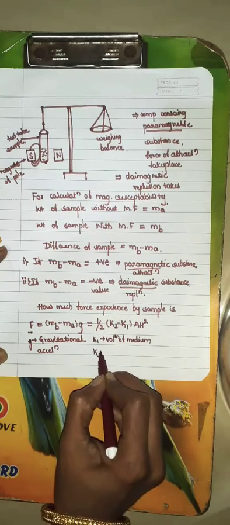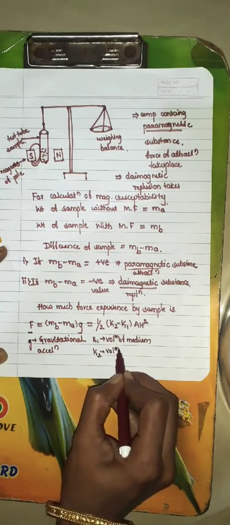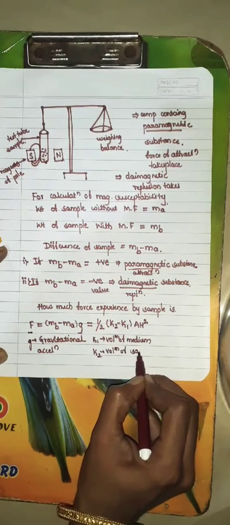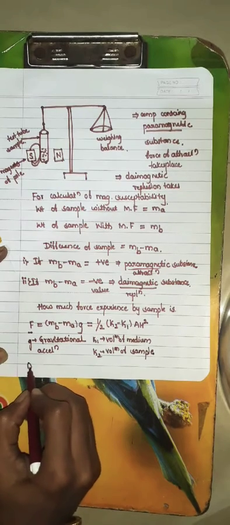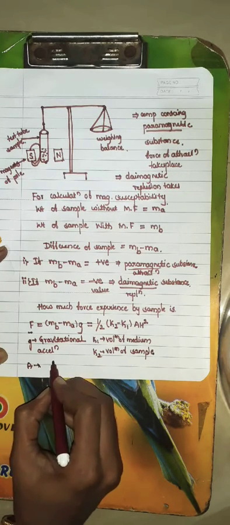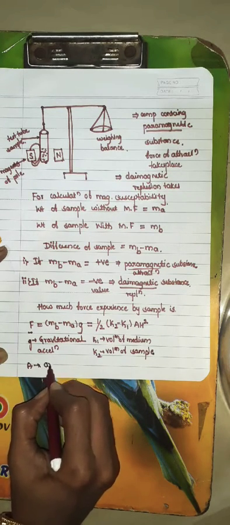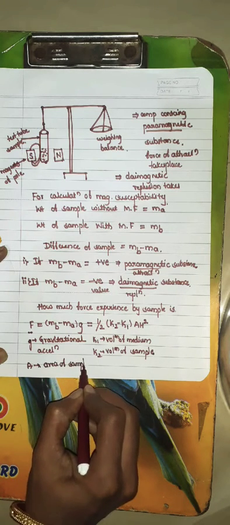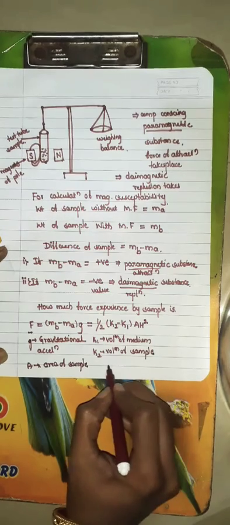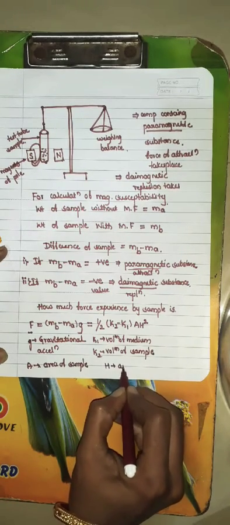K2 means volume of the sample. A means area of the sample. H means applied magnetic field.